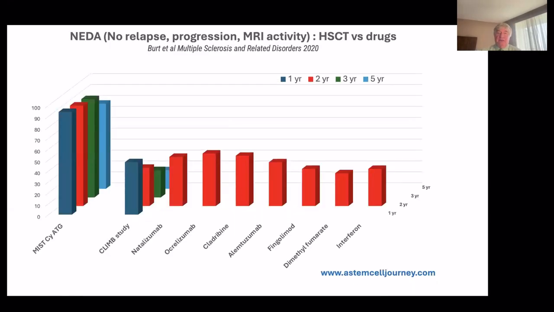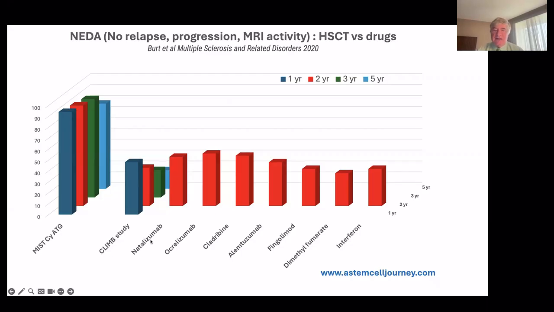So what about NEDA, which is no relapse, no progression, that is, permanent neurologic progression of disability. No relapse means you're not having an acute attack. And no new MRI activity means no new demyelinating lesions or enlargement of old lesions. And we compared our HSCT to drugs, and you can see we go out to 5 years. You can see NEDA is extremely high, 80 to 90% all the time.